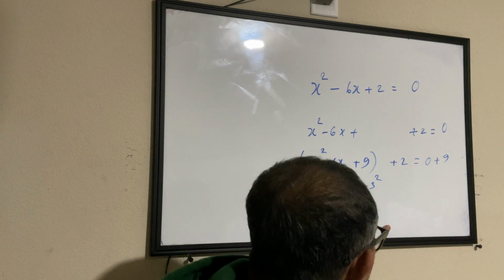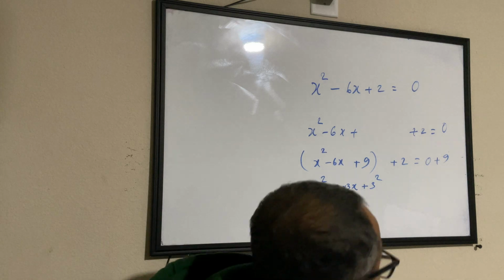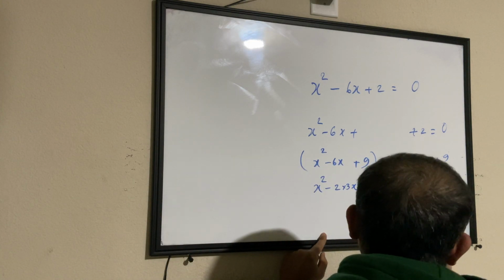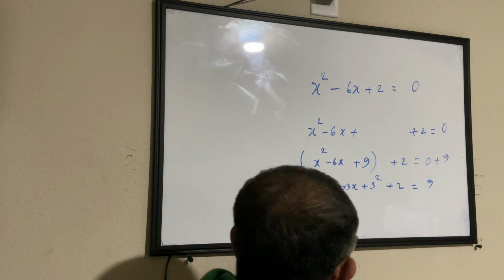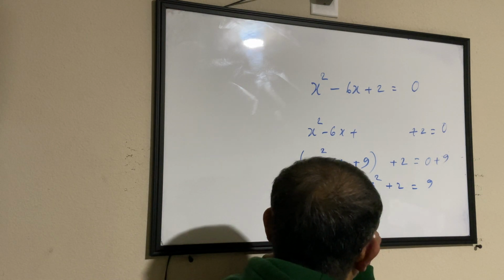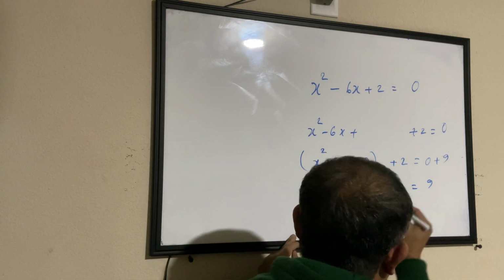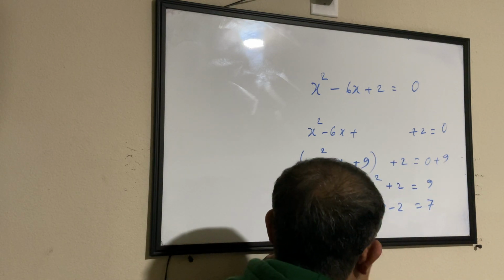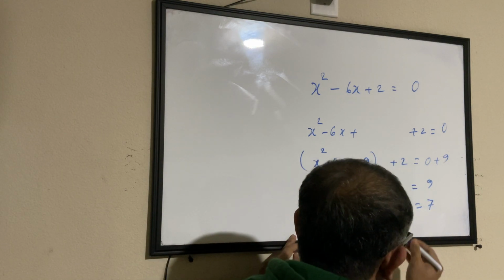So this became x minus 3 whole square plus 2 equal to 9. So x minus 3 whole square equals 9 minus 2, which is 7.